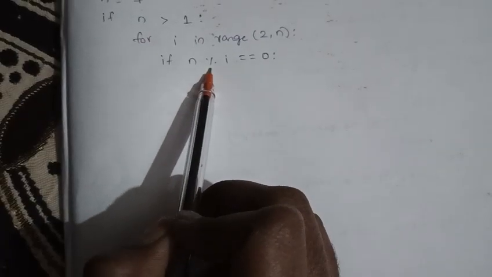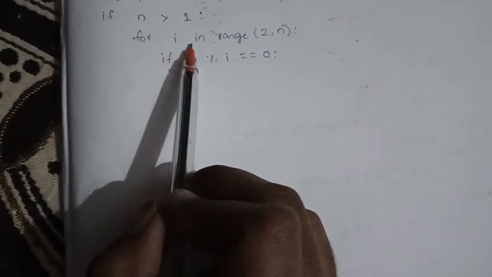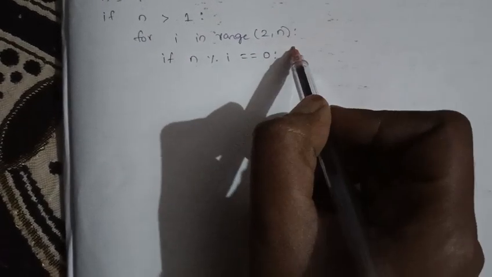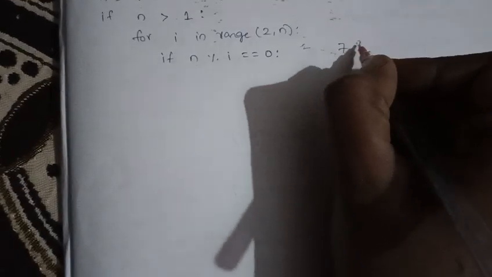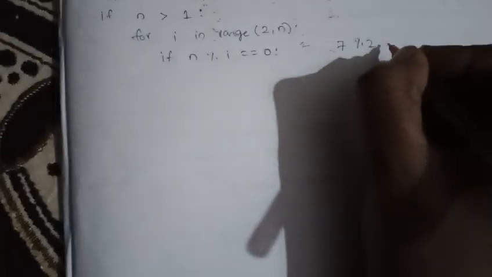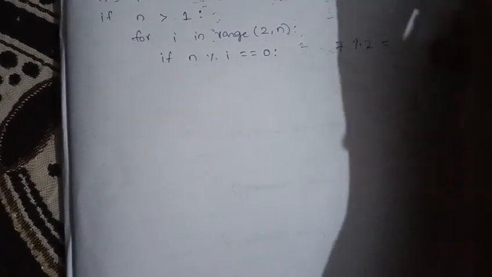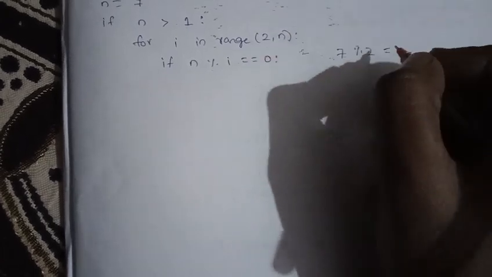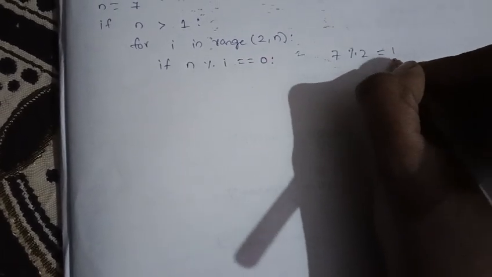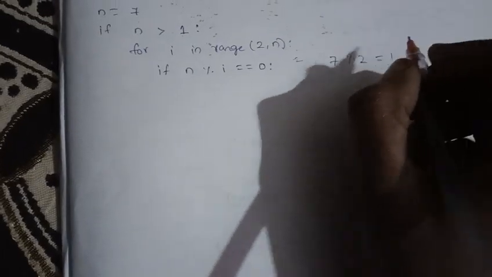7 is divided by, and the for loop starts with 2. So first it will take 2. 7 divided by 2, what will we get? We get the remainder as 1, so it is not satisfying.